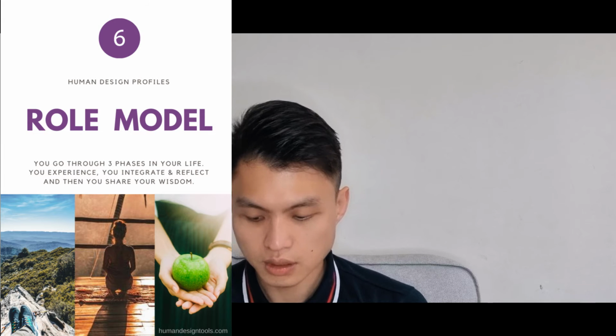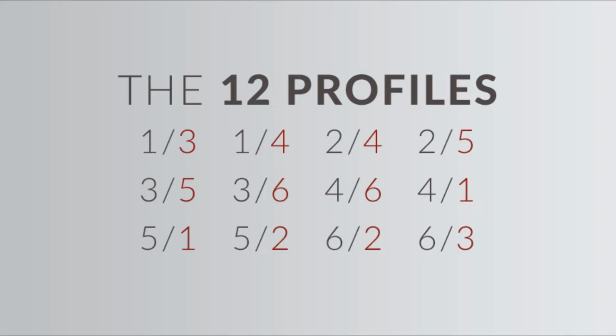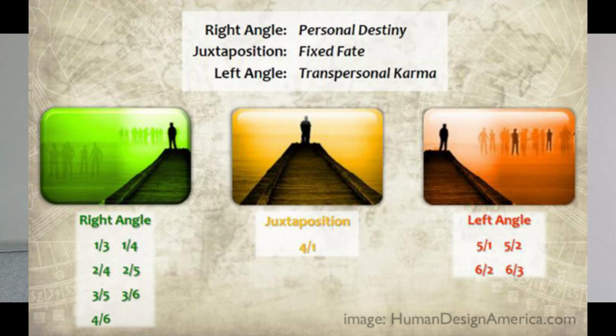Okay, so the 12 profiles, let's talk about them. Altogether these 6 lines make up a total of 12 different human design archetypes, or 12 different profiles in other words. If you watch my video on lesson 201, incarnation crosses, which I will link in the description below, you will know that your profile will determine whether you have a personal destiny or a fixed fate, a transpersonal destiny.